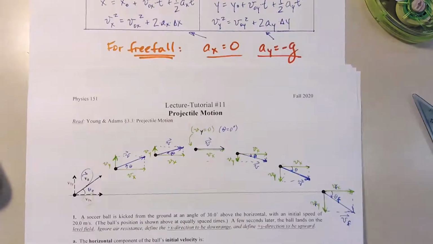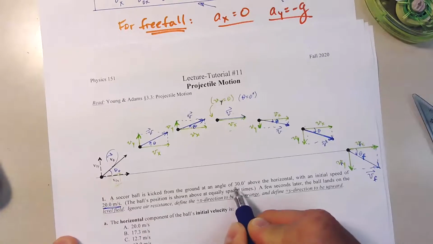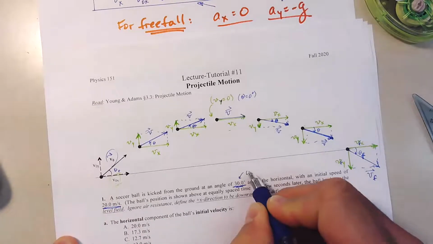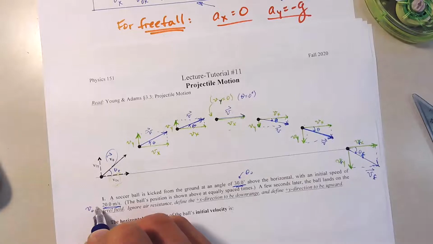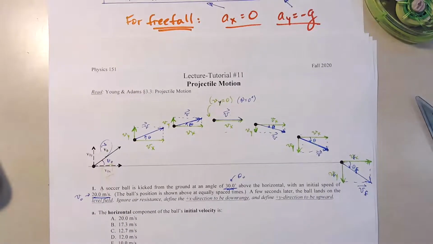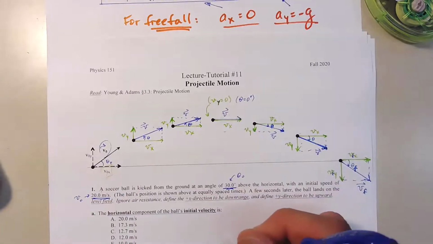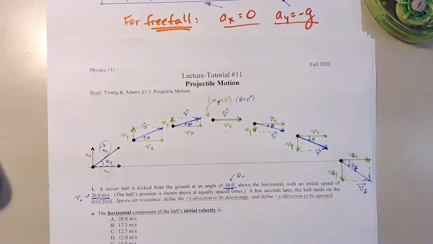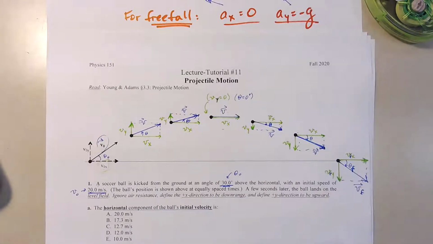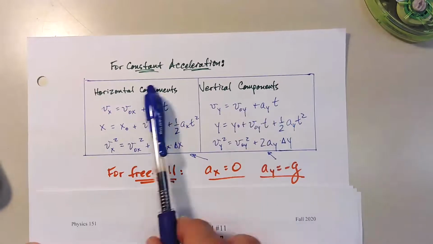So if what we're given is the initial velocity magnitude and direction, that's V naught and theta naught, then what we should do is calculate V naught X and V naught Y. That's exactly what this is asking for. Here I'm just setting you up by being explicit about it. For all future projectile motion problems, I'm not going to ask for that, but I recommend that you calculate it as your first step, because that way you'll be all set to plug it into these values.